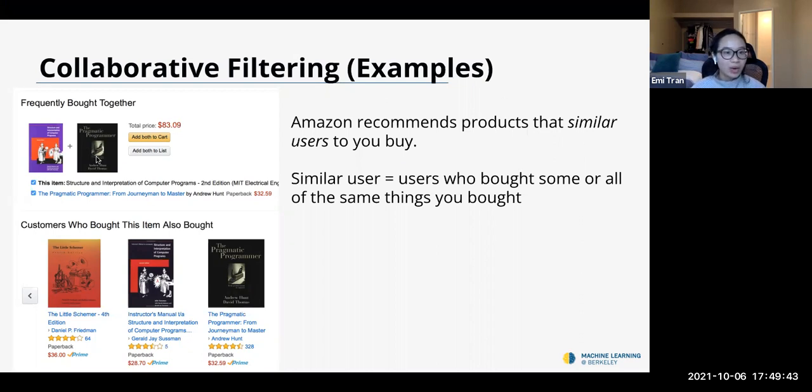For example, if you bought a book for beginner programmers, it looks at other users who are similar to you, who also bought this book, and asks what other books they bought. It would be worded as frequently bought together, or customers who bought this item, your book, also bought these three books.